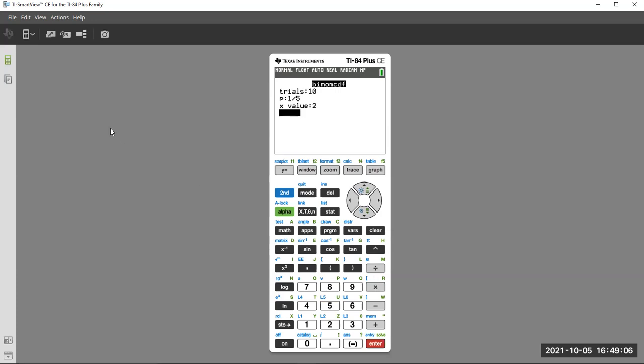So 10 trials, 1 out of 5 chance of being right on any one, 2 or fewer successes, so 0 or 1 or 2 correct guesses. That gets pasted in. And I get 0.3222 and change.